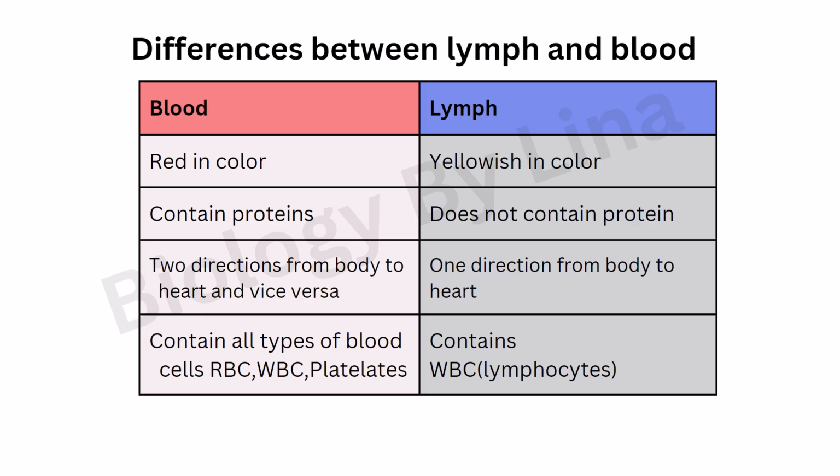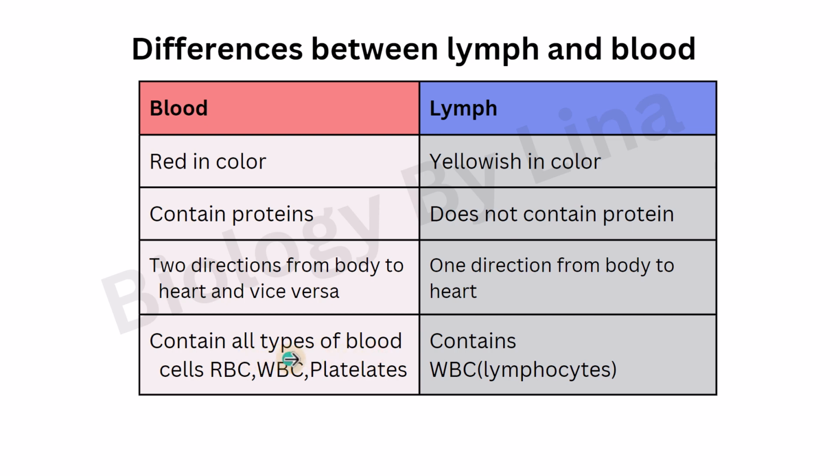The blood is red in color, while the lymph is yellowish in color. The blood contains proteins, while on the other hand, lymph does not contain protein. Blood moves in two directions, which means in a closed circuit from body to heart and from heart to body, while the lymph moves in one direction, from body to heart.